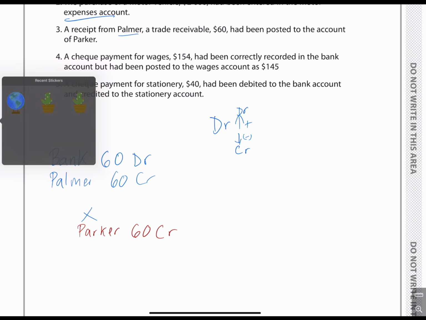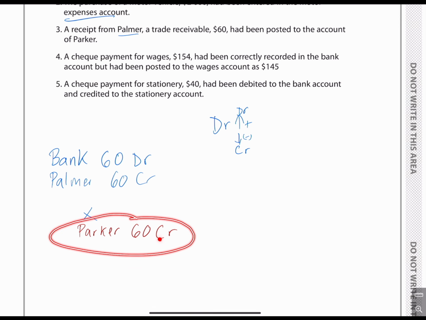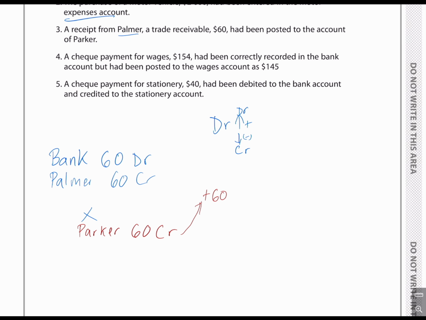So we haven't got any money from Parker, so we will add his receivable back. As Parker is our receivable and we want to increase it, because we have mistakenly reduced it.